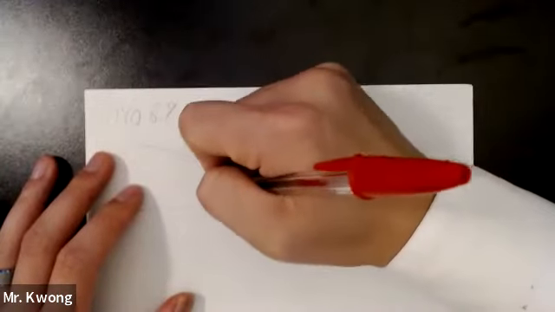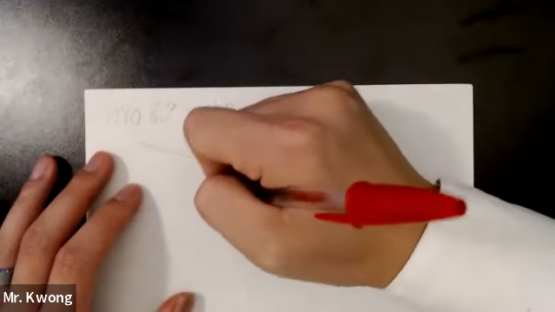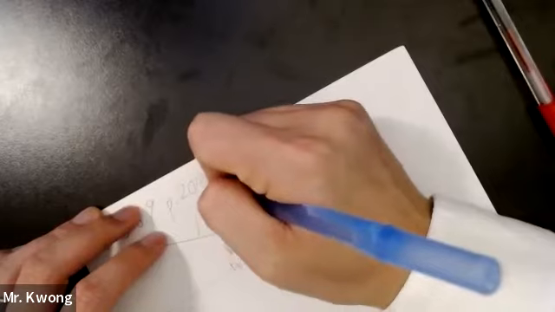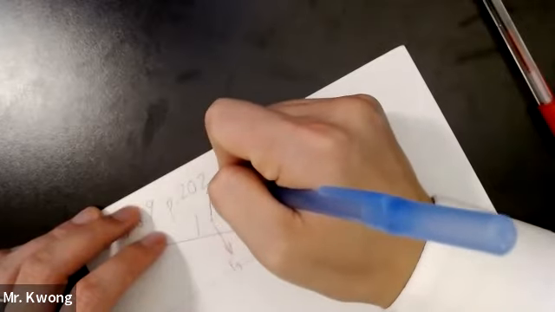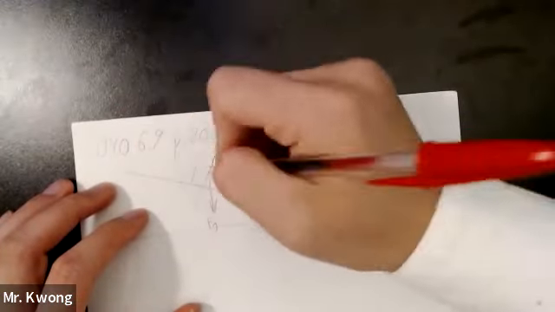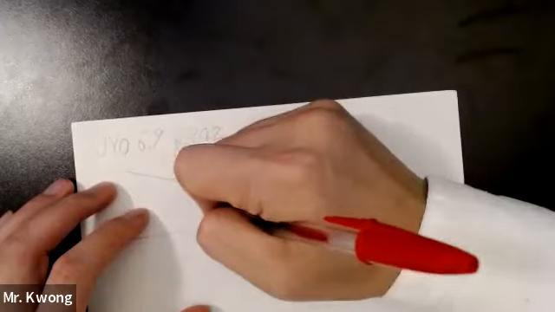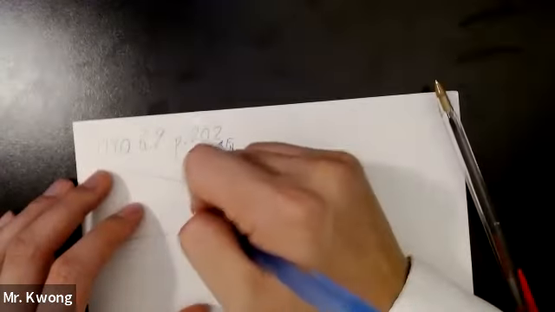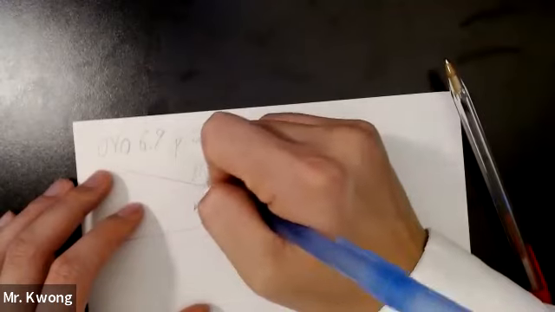And as always, we have the force of gravity. We have our normal force. My arrows are a little sloppier because I'm not using my ruler. We have the y component here and the x component. We have the angle theta.